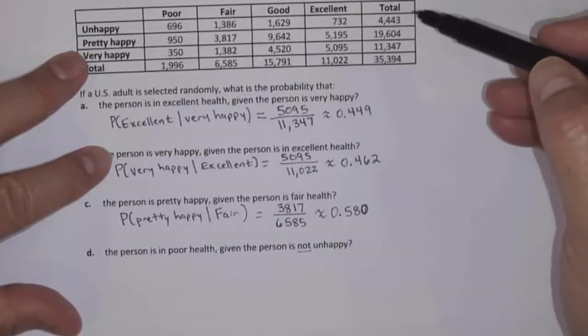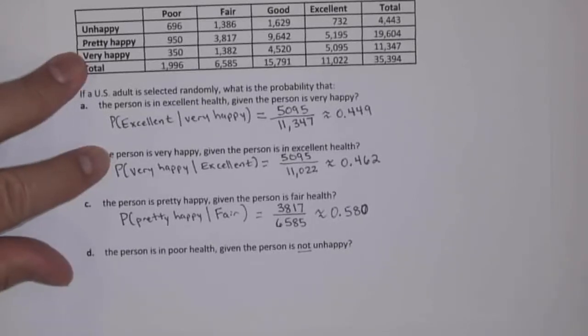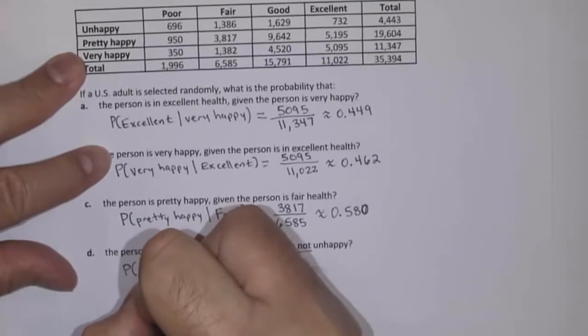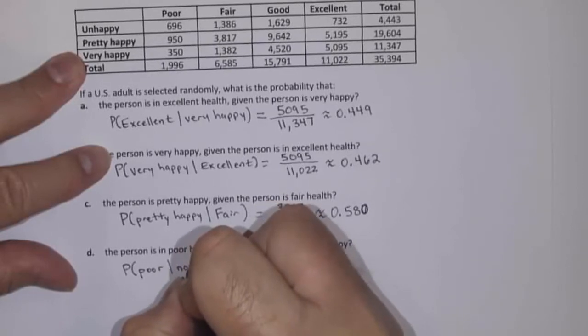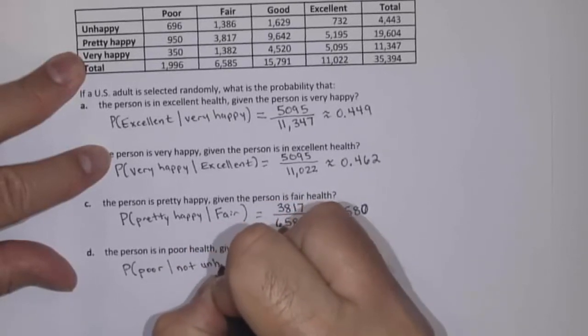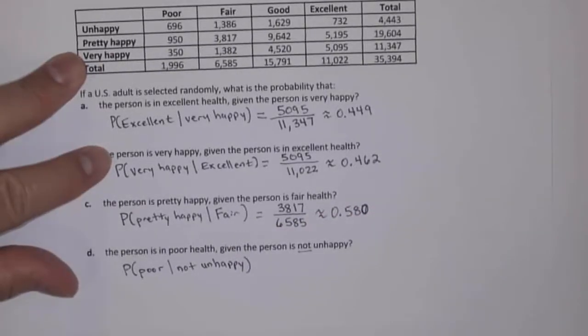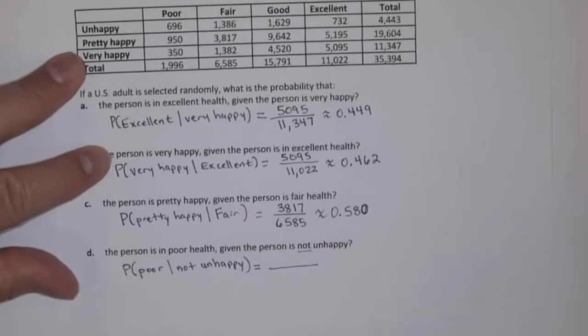So we need to figure out how many individuals are not unhappy, and then of that, how many of those individuals are in poor health. So we're looking for the probability of poor health given that they're not unhappy. Again, it's tricky because it's not unhappy. Well, how many individuals are not unhappy?